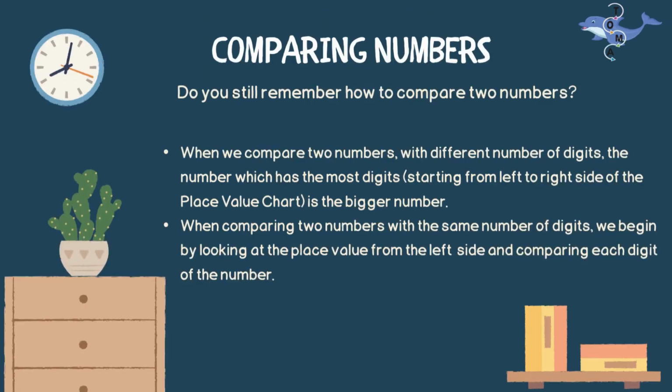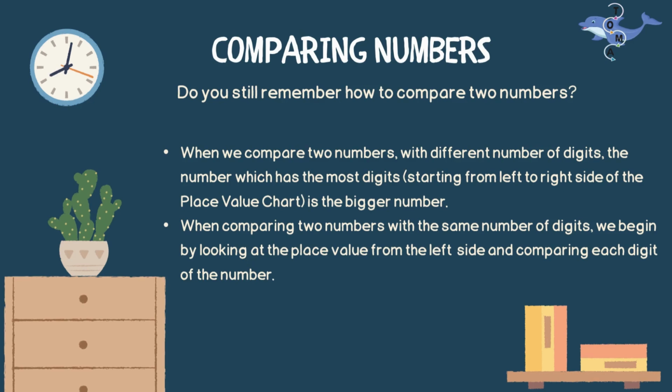Comparing numbers is really very important, because when we are going to write down the number in ascending or descending order, we are going to compare numbers first. So do you still remember how to compare two numbers? Okay, we are going to recall it for you guys.